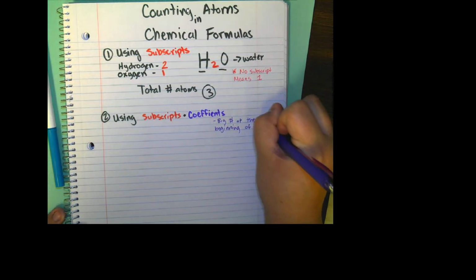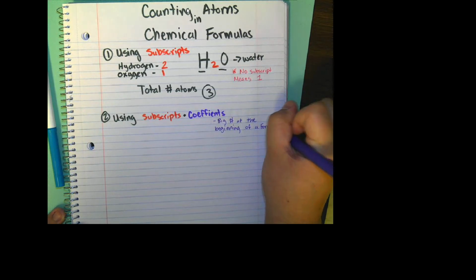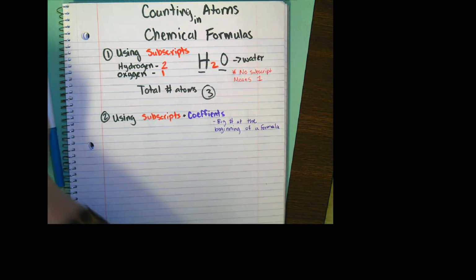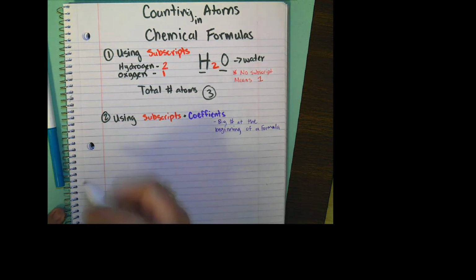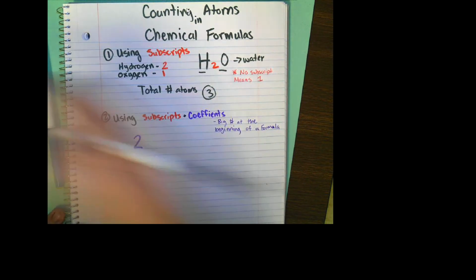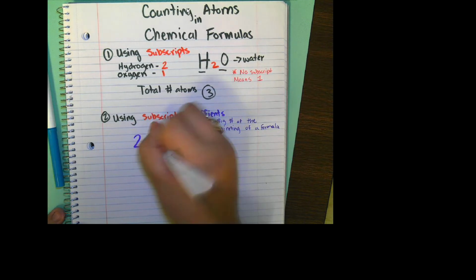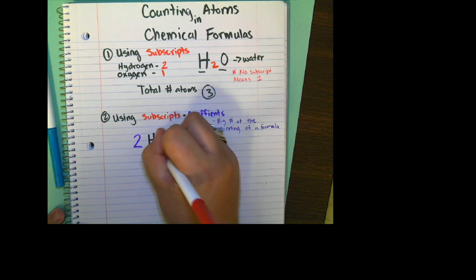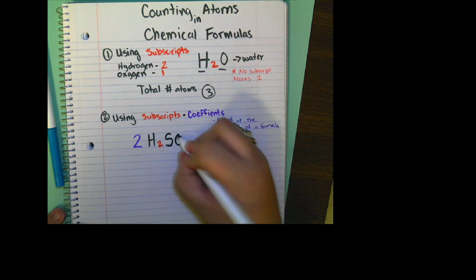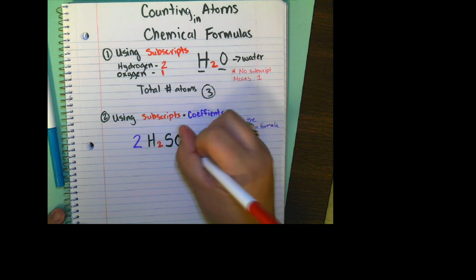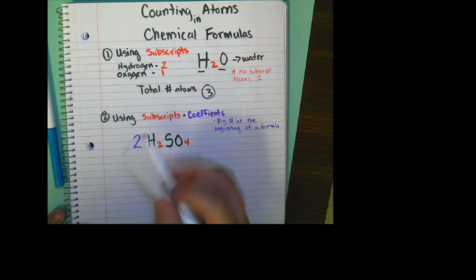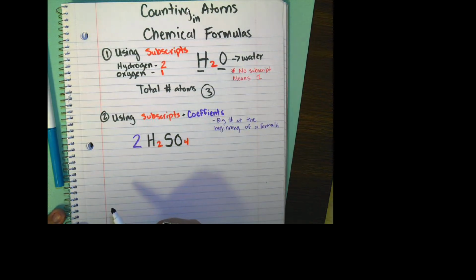I will write an example now. In this example, I'm going to have 2 H2SO4. The coefficient is just this big 2 that is in front of the chemical formula.